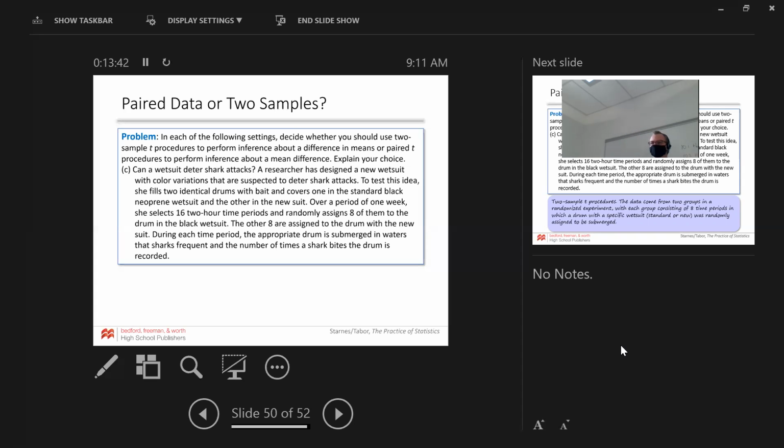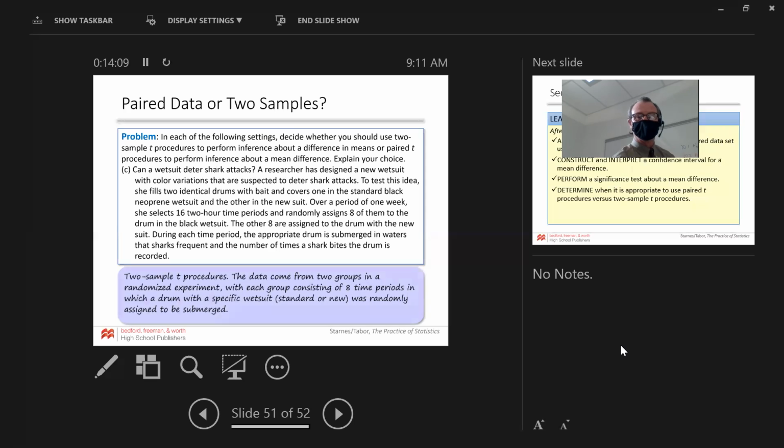They're not putting people in there. They're putting drums covered in the wetsuit. So what have you got? 16 2-hour time periods. 8 of them to the drum in the black wetsuit. The other 8 are assigned to the drum with a new suit. During each time period, the appropriate drum is submerged and they count the number of times the shark bites the drum.